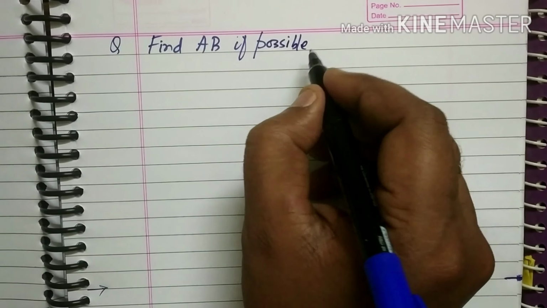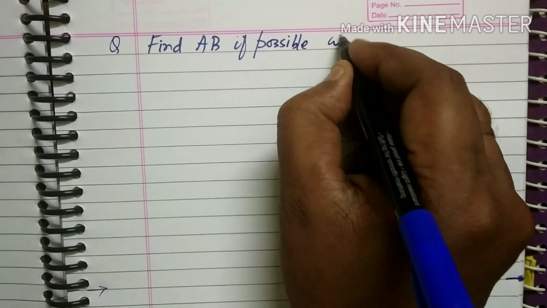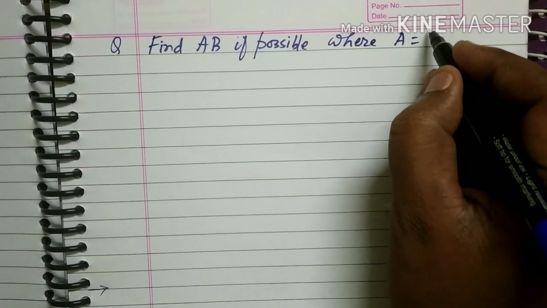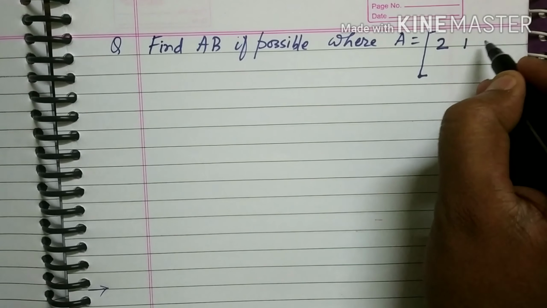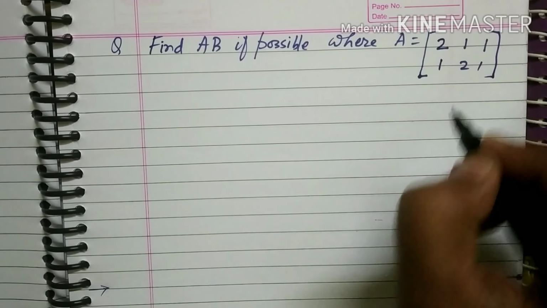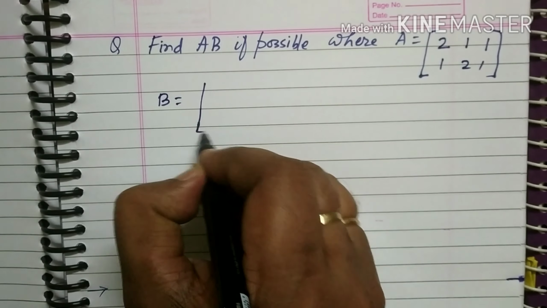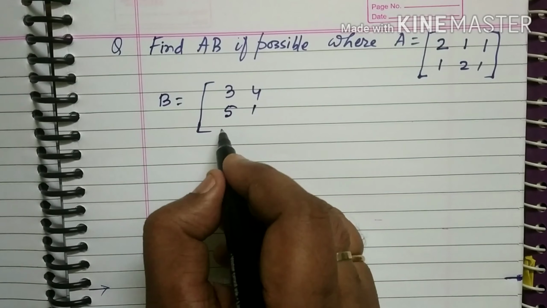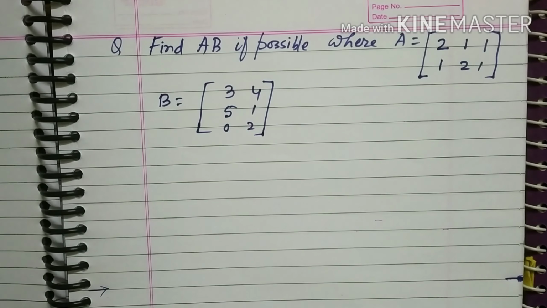Why I am writing possible means you have to check whether AB is possible or not, where A is 2 1 1, 1 2 1, and B is 3 4, 5 1, 0 2.